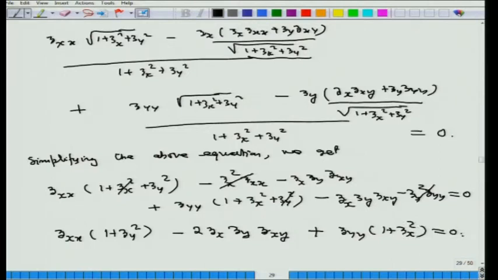So that is what we get finally. z has to satisfy this necessary condition.